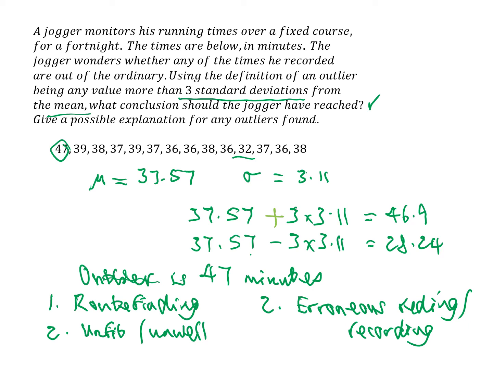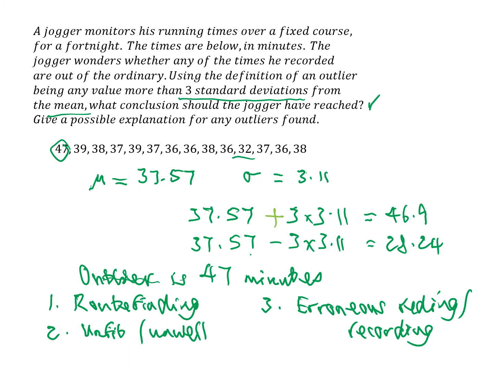So any one of those possible explanations would give us the mark, but I think it's worthwhile just looking at what we would do with an outlier. Would we include it in our calculations?